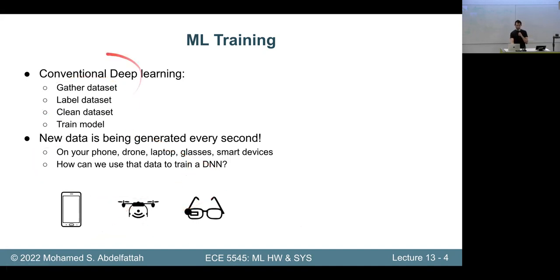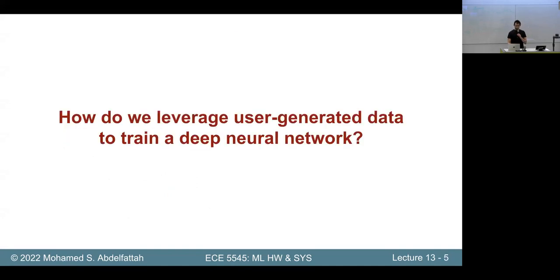We want to go from this conventional view of there's a data set that we want to do really well on to a much more realistic setting where you don't have just a single central data set stored somewhere that you bought once and that's it. No, you have continuously generated data that you want to continuously use to improve your model. So that's our question in this lecture. How do we leverage user-generated data to train a deep neural network?